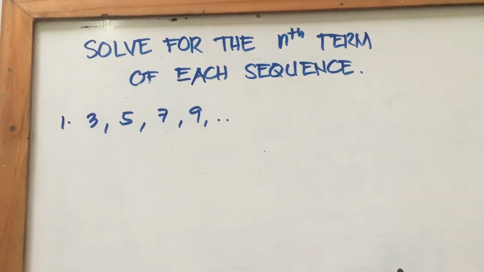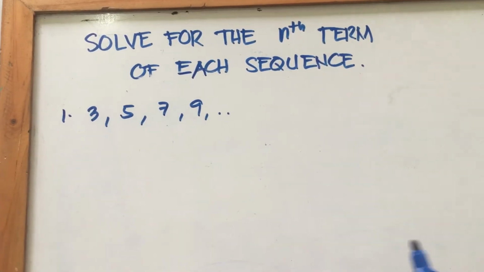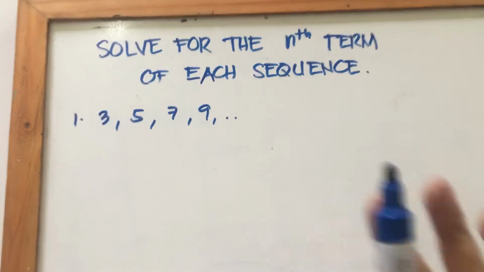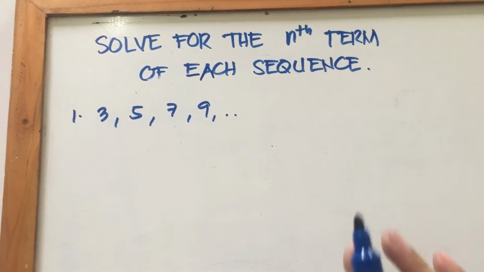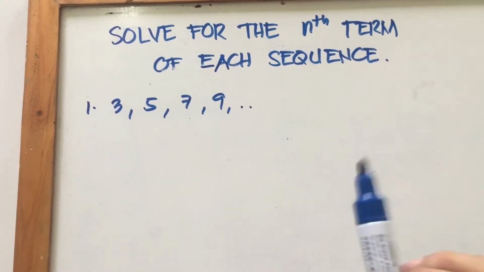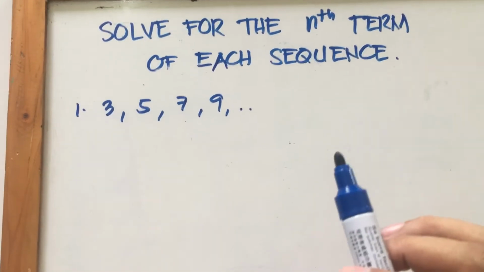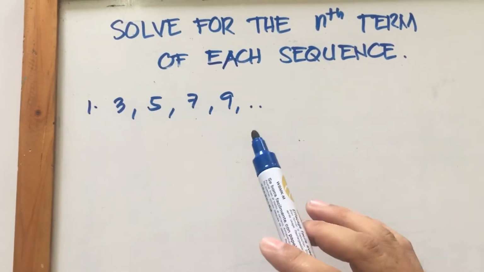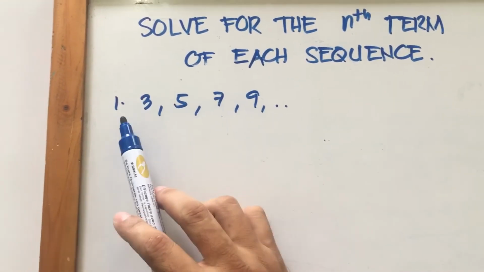Now, that's why we call that certain number to be added the common difference. So, we all know that finding the common difference is very simple. Okay? So, if you have 3, 5, 7, and 9, to find the common difference you just simply subtract the numbers from right to left.